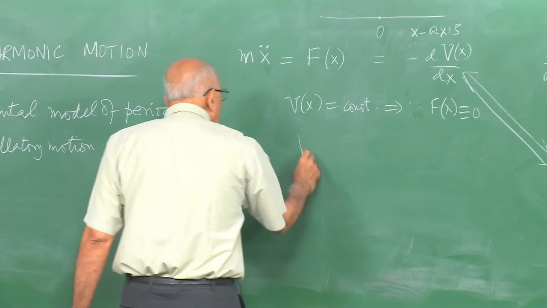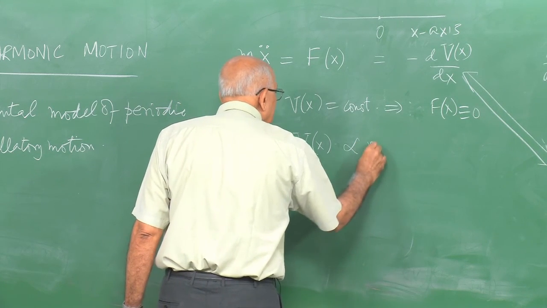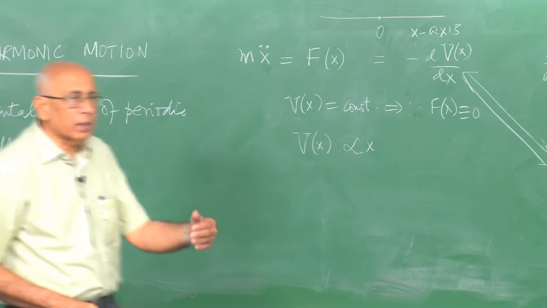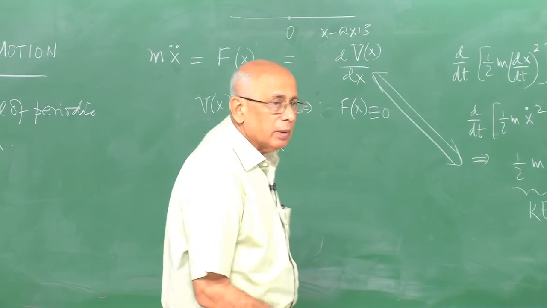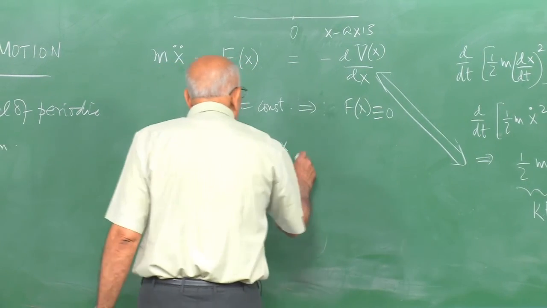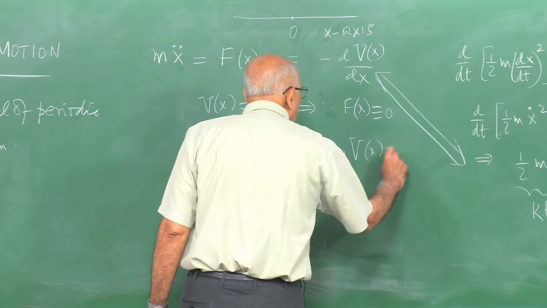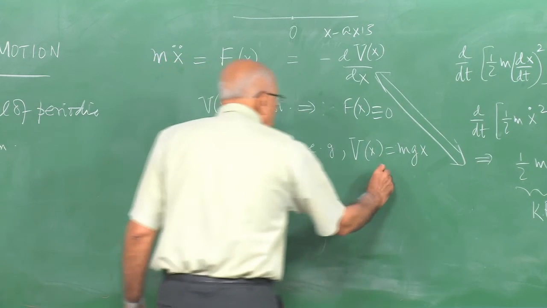The next case would be when V of x is proportional to x itself. The potential is proportional to x. That is the first thing you can think of. The function is not a constant but is linear in the variable x. For example, V of x could be equal to mgx, where x is greater than or equal to 0.